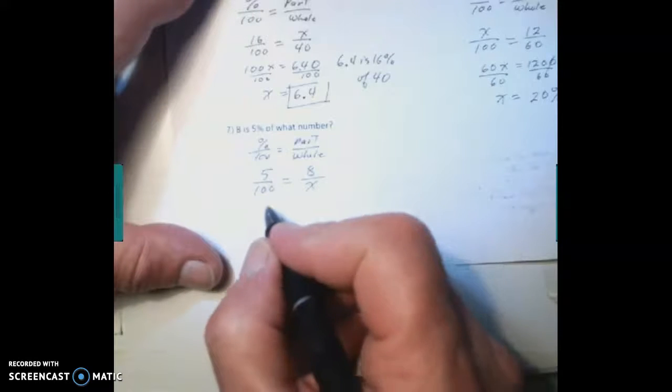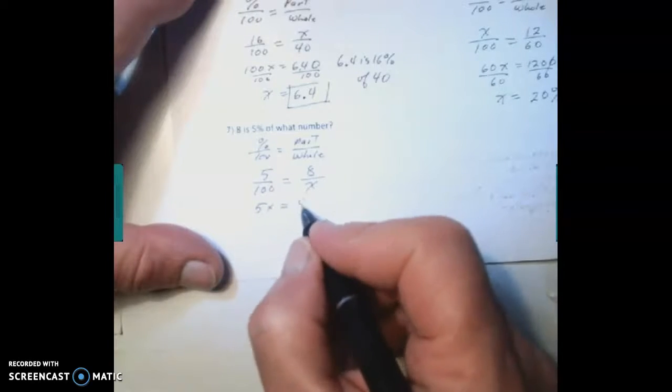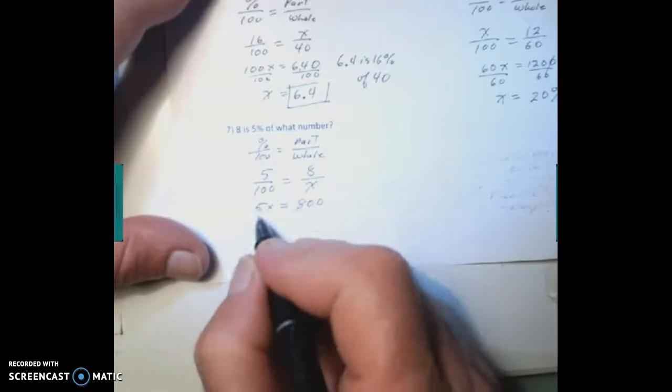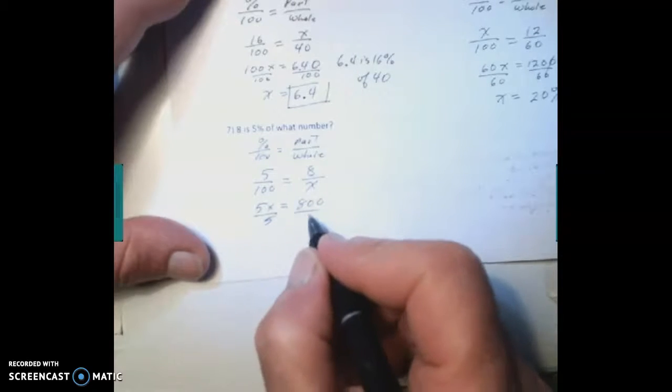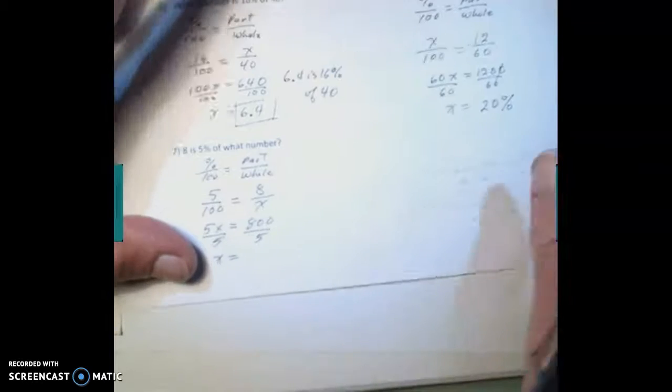So, again, you've got your proportion. Cross multiply. 5 times x is 5x. 8 times 100 is 800. Divide by 5. Divide by 5. You're going to get x equals 800 divided by 5.